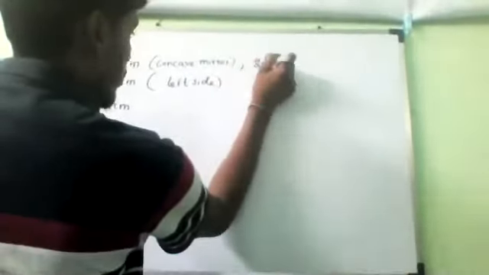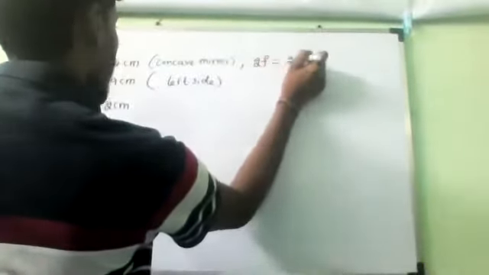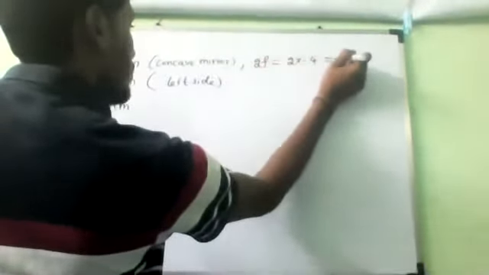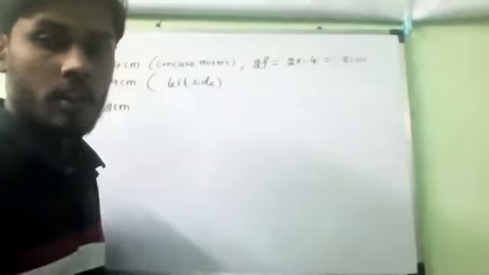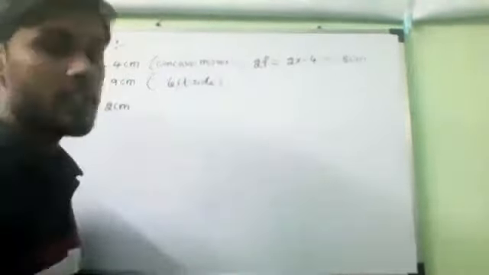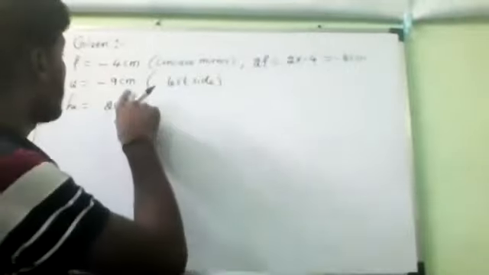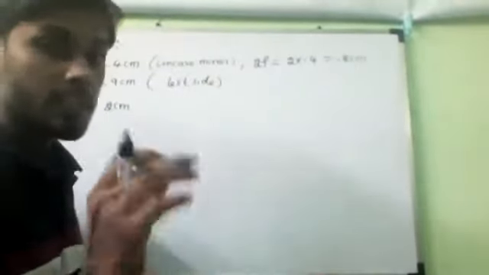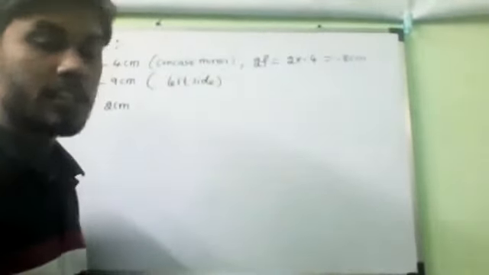So 2F is equal to 2 into minus 4, which is minus 8 centimeter. That is what you should come to know. If 2F is equal to minus 8 centimeter, but object distance is minus 9 centimeter, it is more than C, means the object is placed beyond the C.